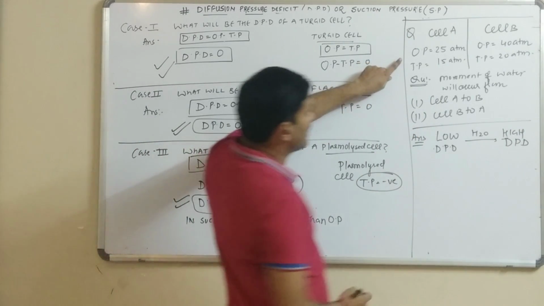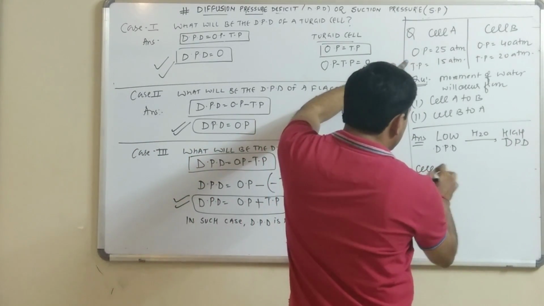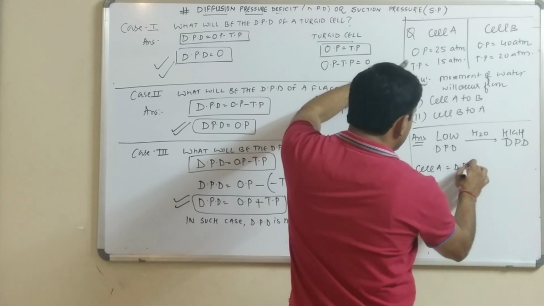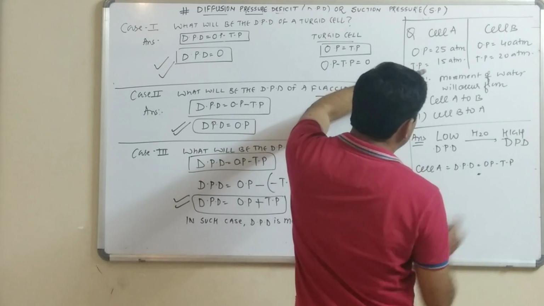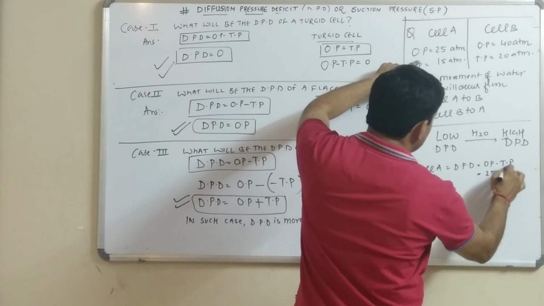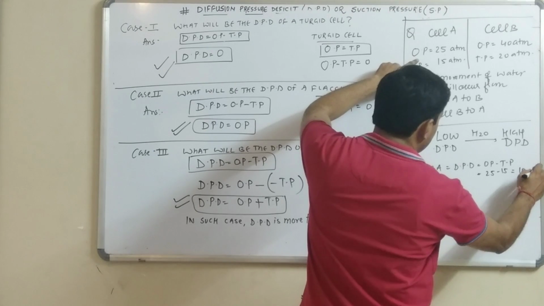Now, in cell A, we know very well DPD is equal to OP minus TP. So substitute the value: 25 minus 15 is equal to 10 ATM.